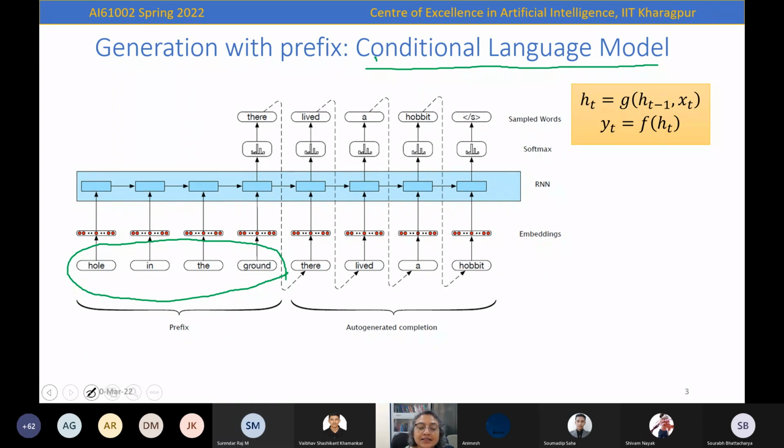The slide is there. If you have any questions, let me know. Is the slide clear to you?